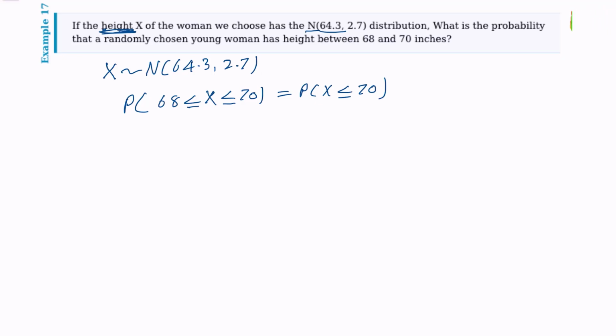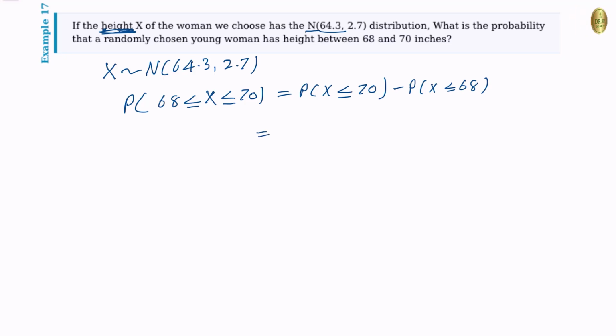As an example, probability A less than X less than B is always probability x less than or equal B minus probability x less than or equal A. That is chapter 3. So this one we can write probability x less than or equal 70, then minus probability x less than or equal 68.